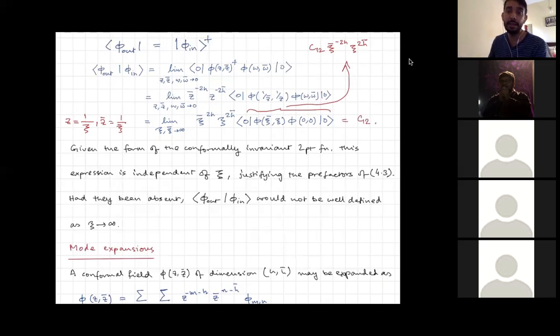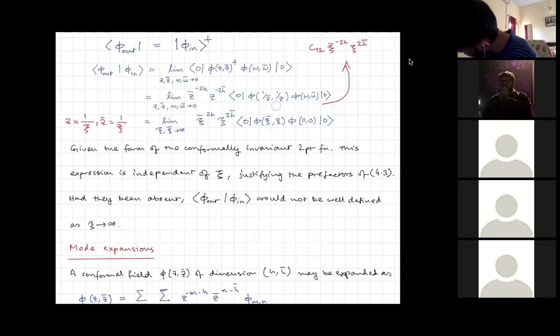So the fact that you had these weird factors in front made sure that this inner product which you had made sense at the end of the day. This gave you a number. Okay, so this expression is independent. Let me erase these things that I've written down here, and also let's get rid of this.